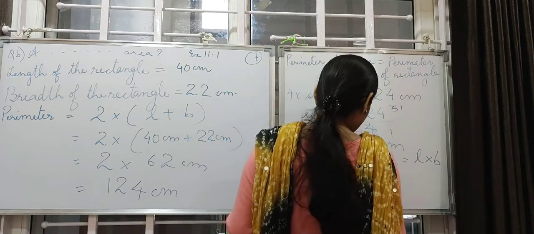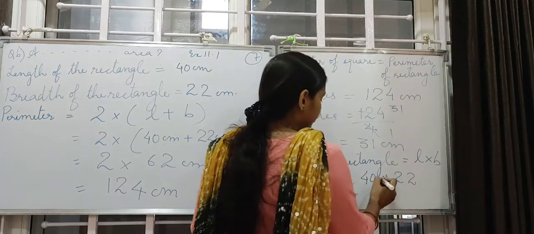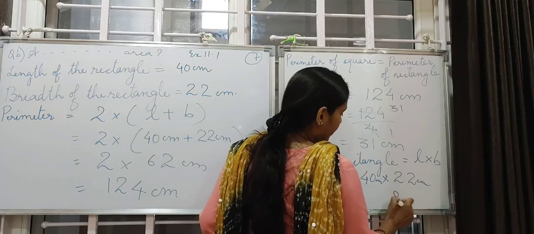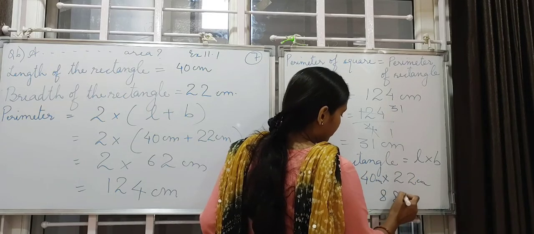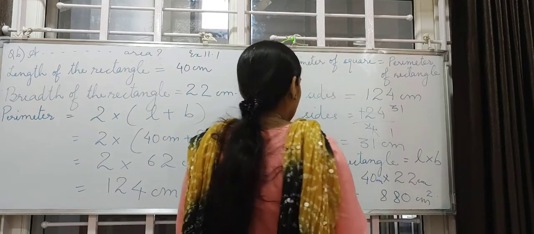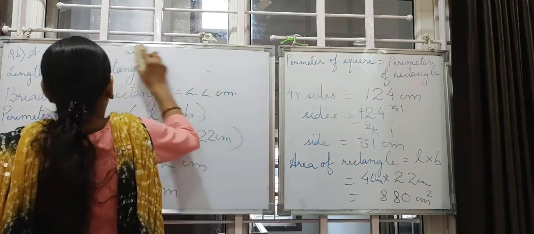Length into breadth means 40 into 22 centimeter and centimeter. 4 2s are 8, 4 2s are 8 and 0 centimeters square.